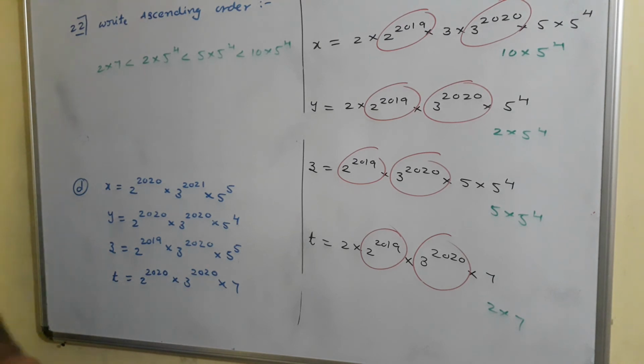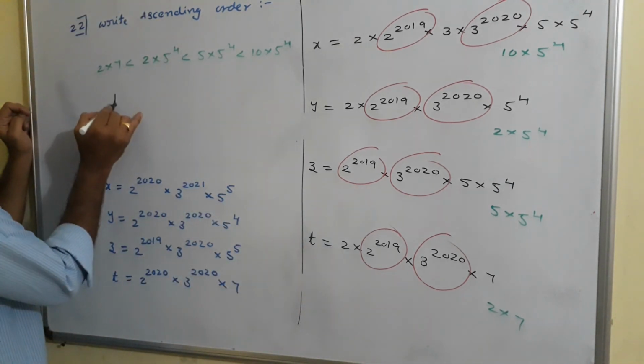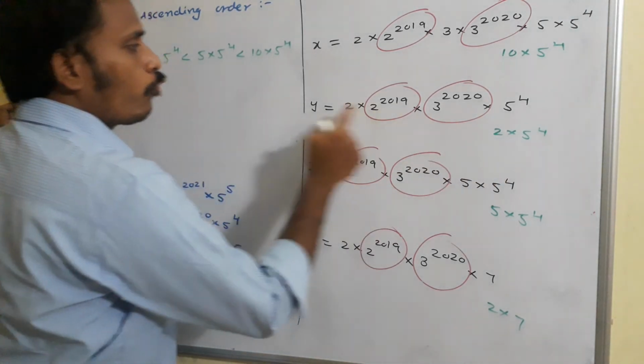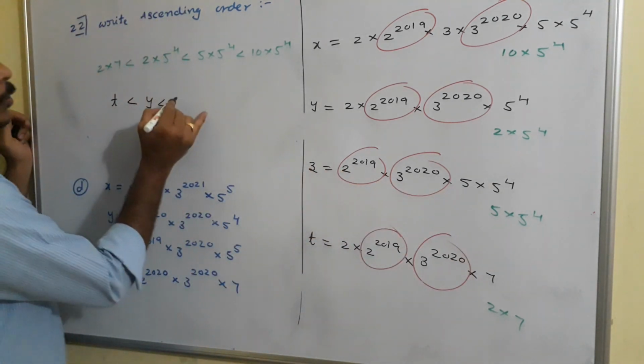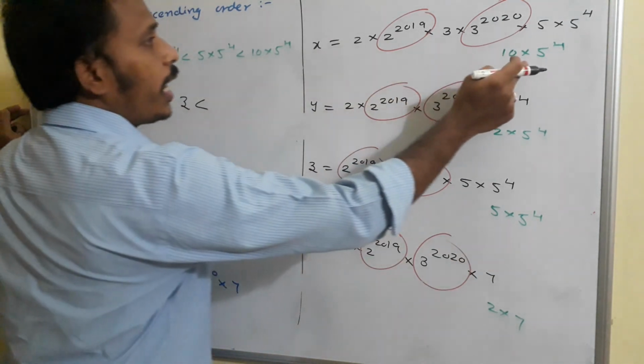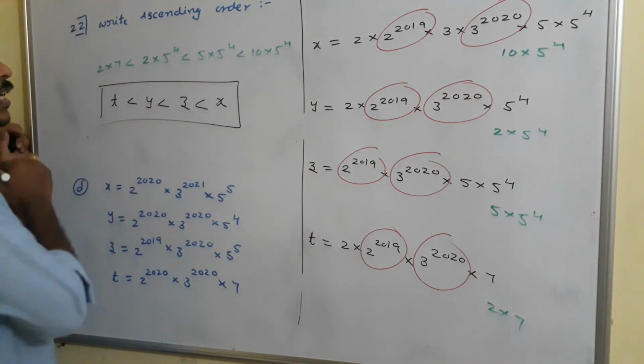And when you think about the corresponding x, y, z, t, 2 into 7 corresponds to t, which is less than 2 into 5 power 4 corresponding to y, which is less than 5 into 5 power 4 corresponding to z, which is less than 10 into 5 power 4 corresponding to x, and this is the ascending order.